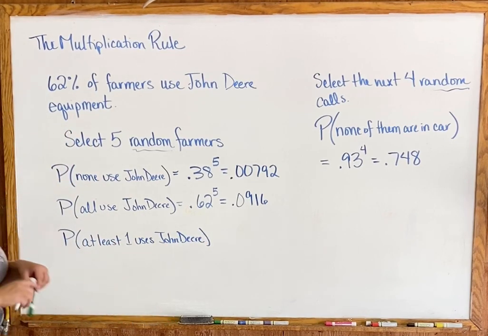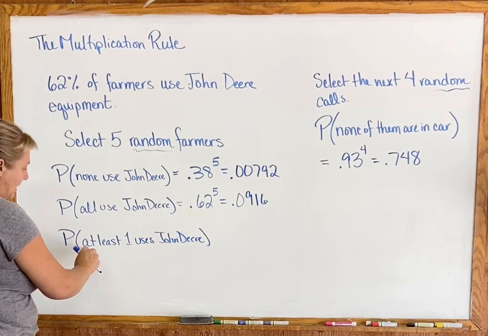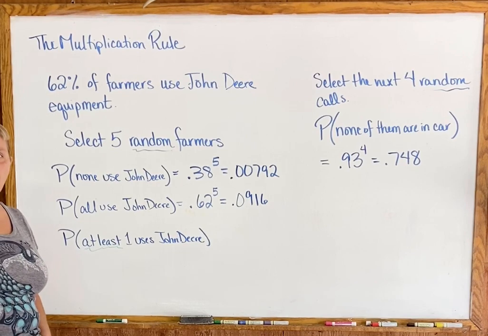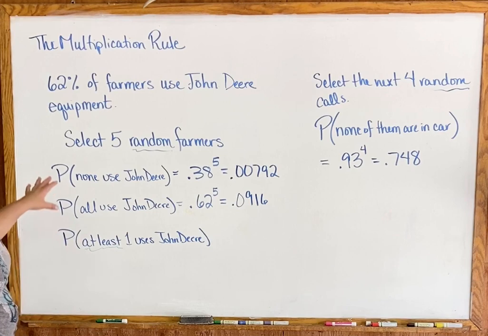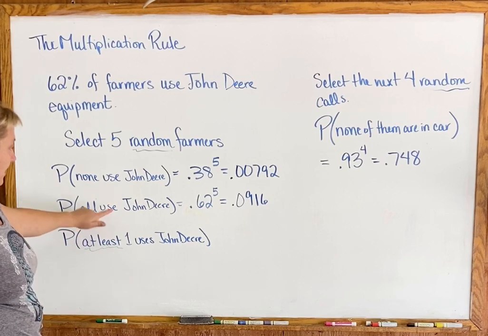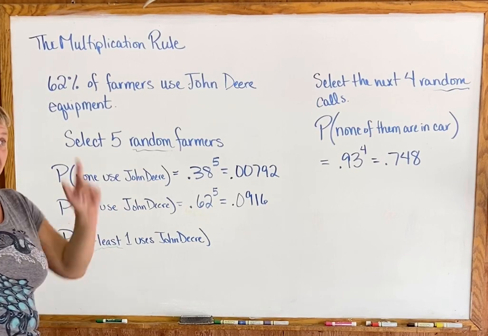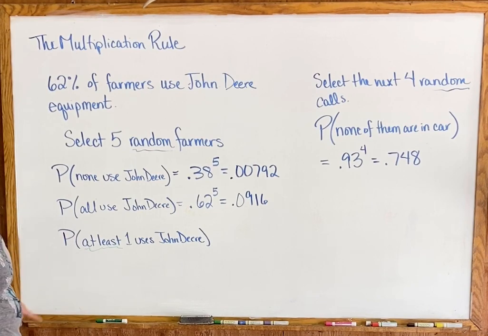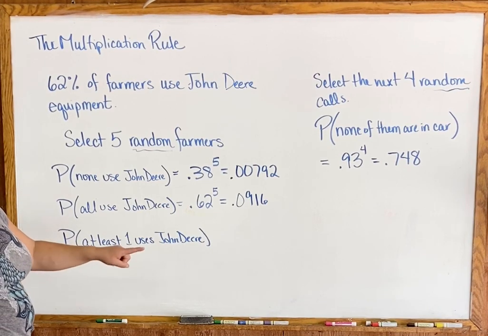And here's the thing, whenever a problem has at least or at most or more than or less than, this problem is a challenging problem. So if you look at this problem and you see the at least, you should know that this problem is going to be more difficult than this one or this one. As soon as you see that at least, there's an extra layer of challenge in there. Okay, so at least one uses John Deere.